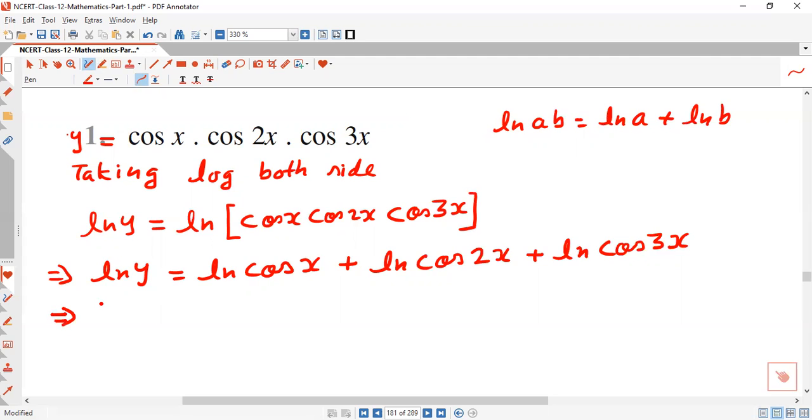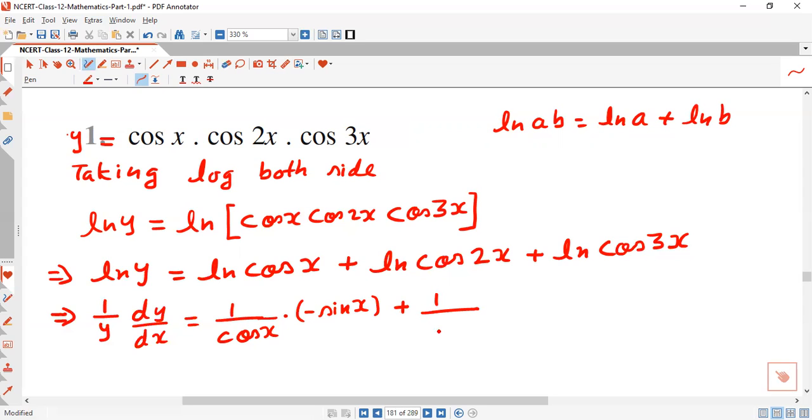You get 1 upon y, dy by dx, equal to, for log cos x, 1 upon cos x, and now the differentiation of cos x comes out minus sin x, plus 1 upon cos 2x multiplied by minus sin 2x, plus 1 upon cos 3x multiplied by minus sin 3x.